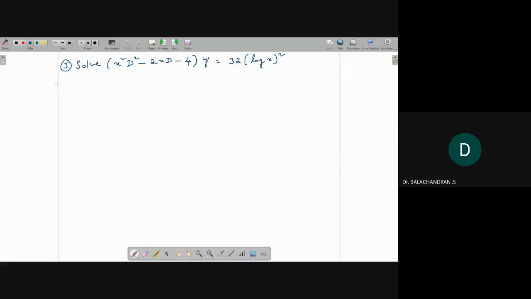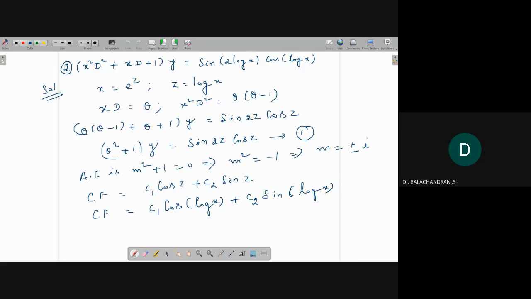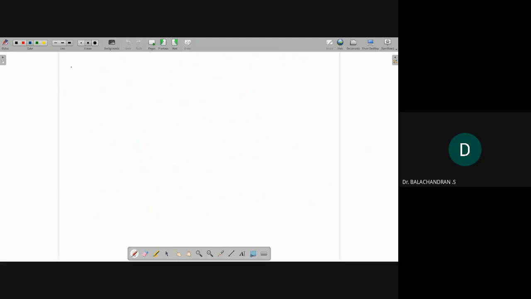Okay, PI equal to 1 by theta square plus 1. Right hand side is what? Sine 2z into cos z. Now this is equal to 1 by theta square plus 1. So here 2 is missing.